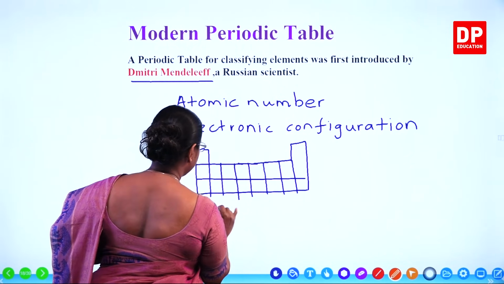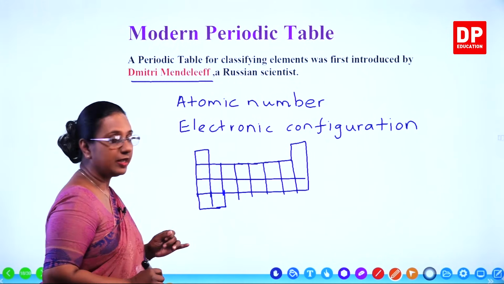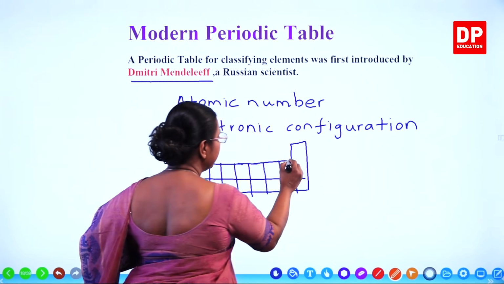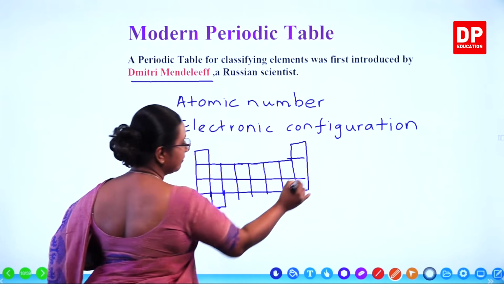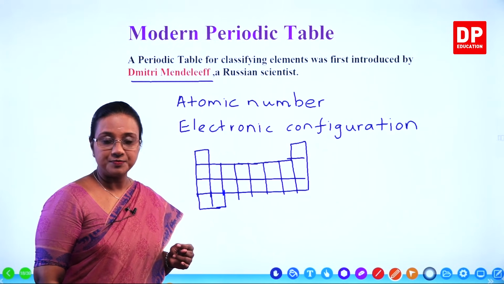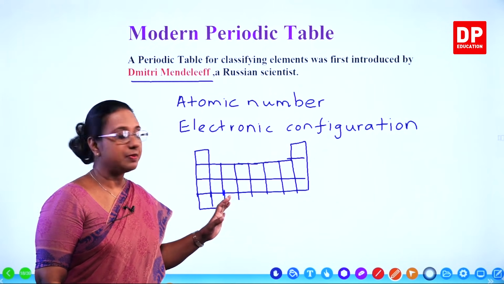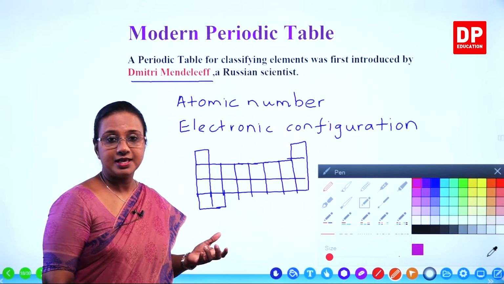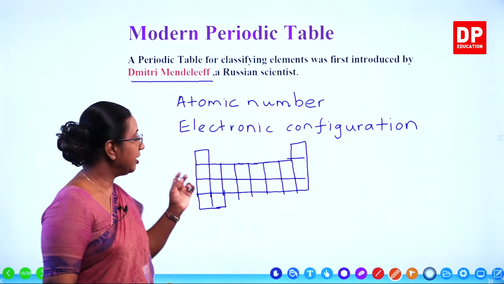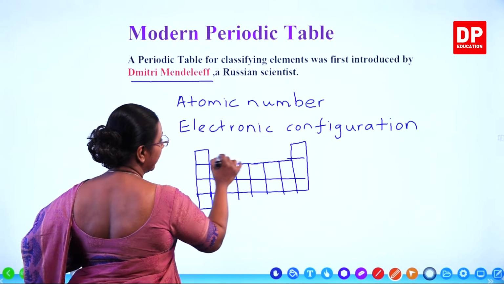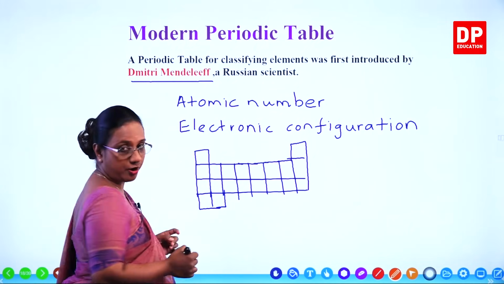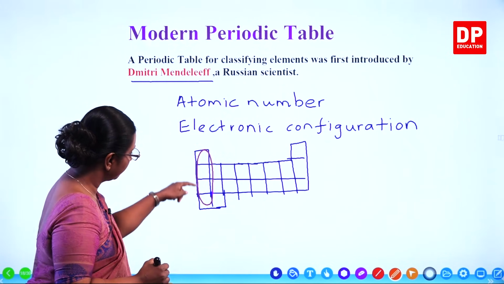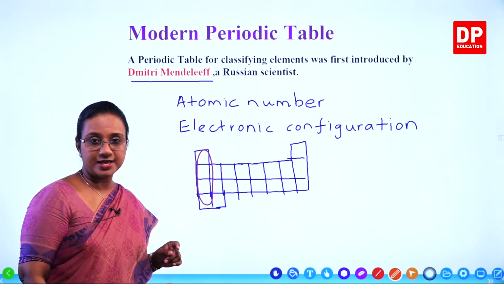This is how the very simple form of periodic table that you will be using for your level is shown here. And these are the places where we will be arranging the elements. And in this periodic table, you will notice that there are certain patterns and similarities. If you look at elements, when you arrange them in ascending order of atomic number, some elements will fall into a certain group, as we call it.